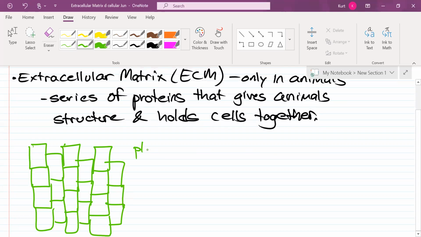So these are plant cells. There's really no space between them. Plants are very densely packed. Their cell walls make it very rigid. Not a lot of space there for an extracellular space, much less a matrix.